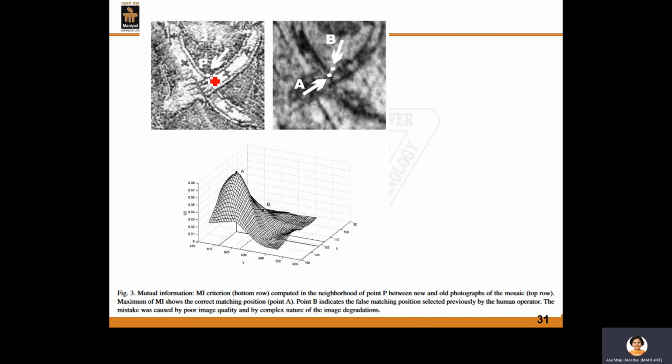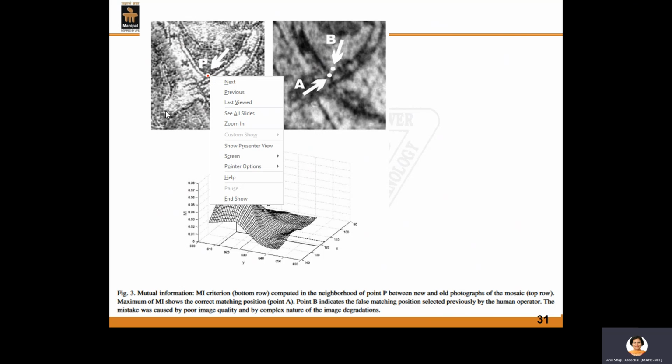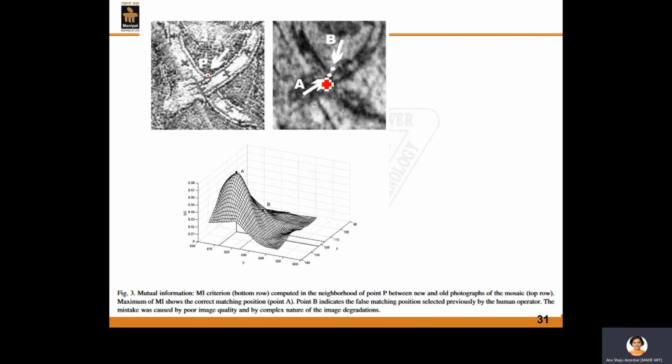Let's say I'm considering this particular point P here, and there are two points that have been considered, point A and point B. When you look at this figure, you know that the corresponding matching point for P in this image is A. When I calculate the mutual information between these two images, at point A, corresponding to point P, I see a maximum value for the mutual information.